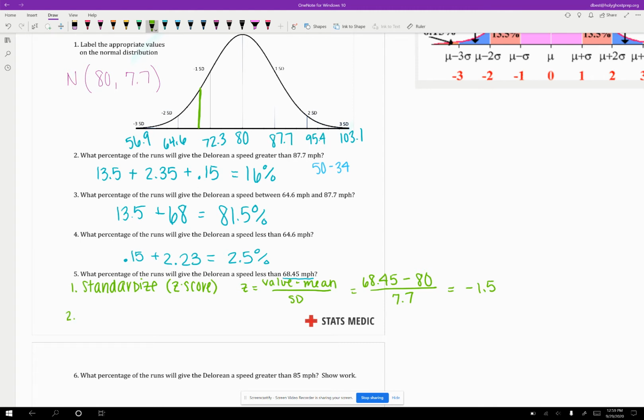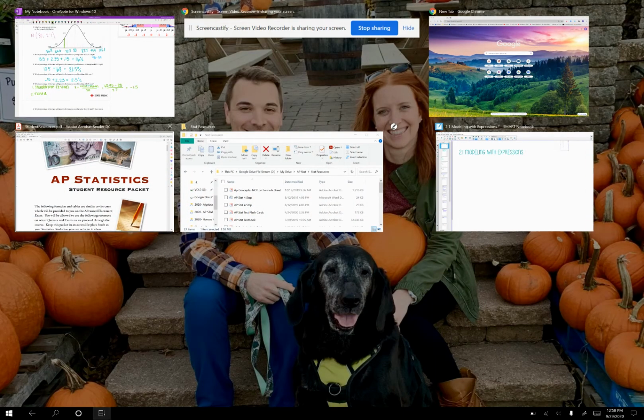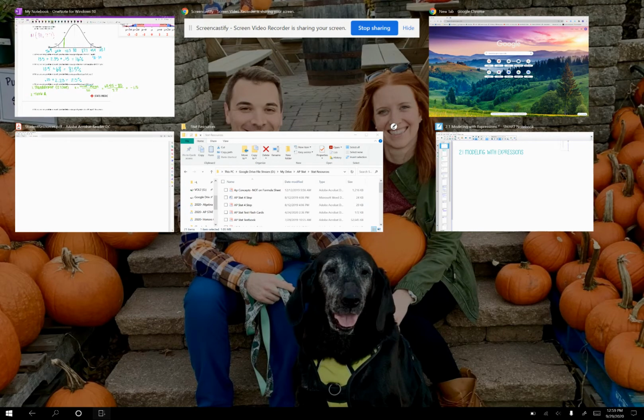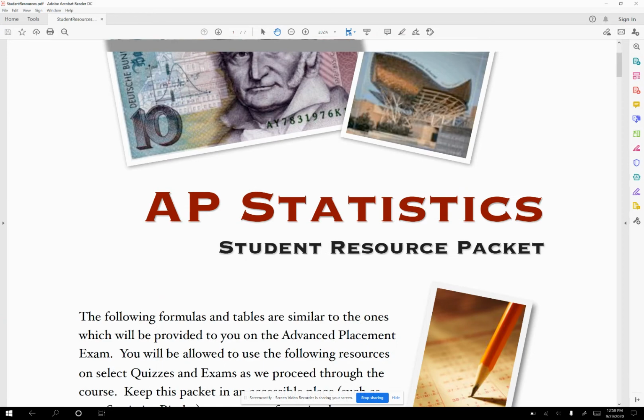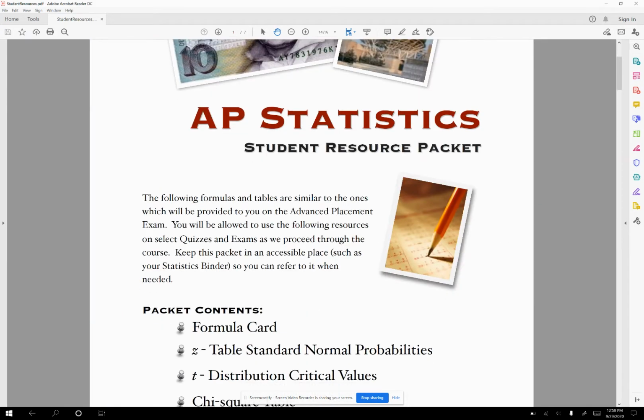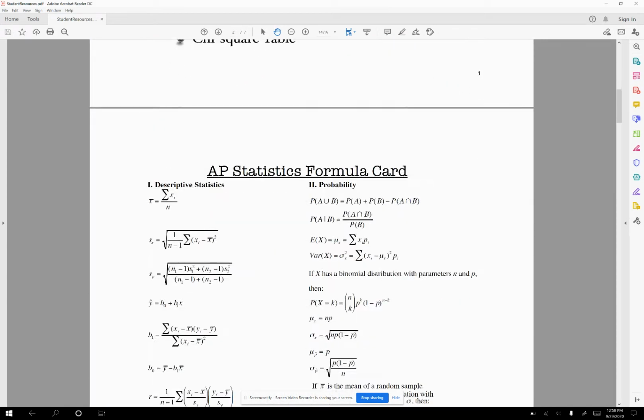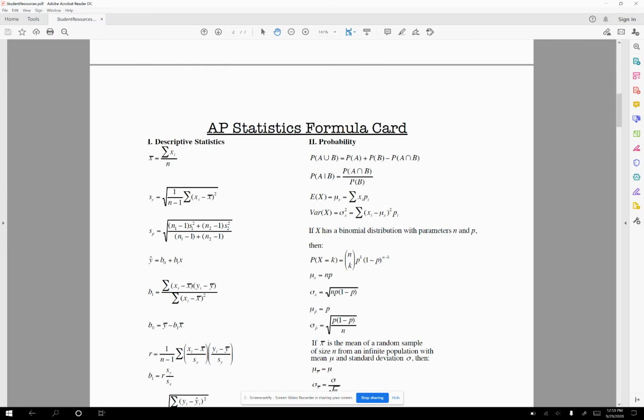And what I do with that is now I'm going to go to what's called Table A, and this will be in your resources folder on Schoology. It will be the student resources packet, and this includes things that are given to you on the actual exam.